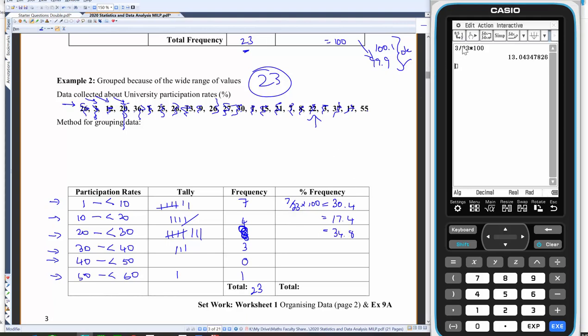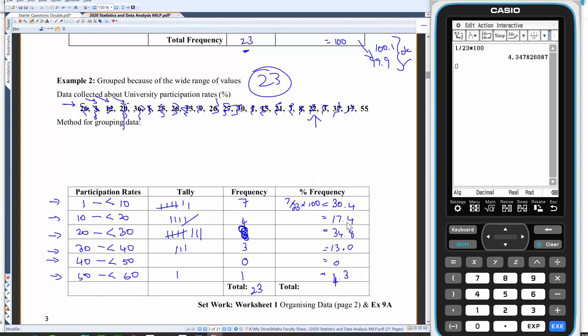Then 3 gives 13.0, the empty group is obviously 0, and this one is going to be 4.3.